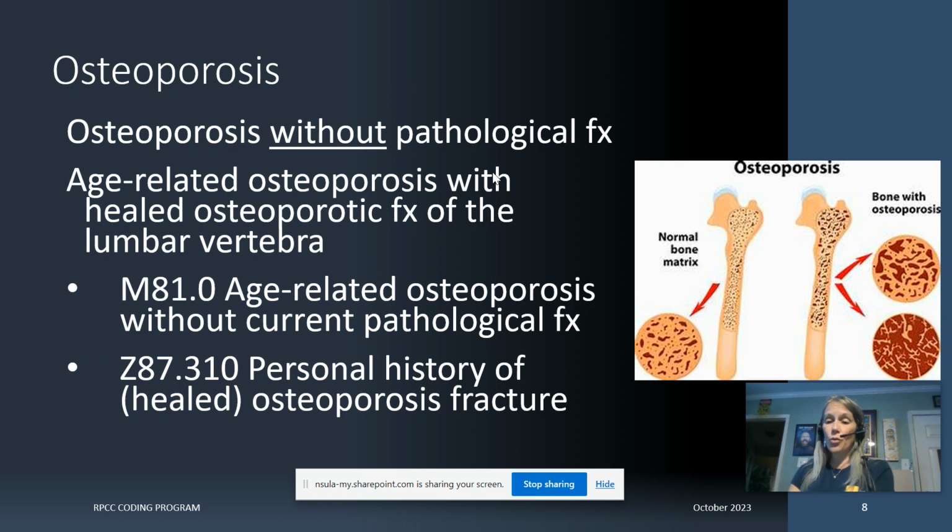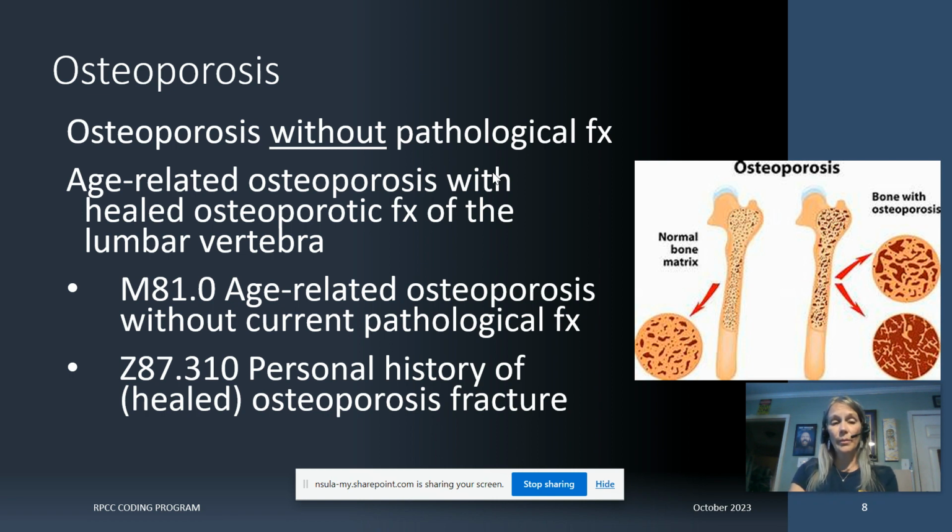Osteoporosis is coded one of two ways: with a pathological fracture or without a pathological fracture. That with pathological fracture has to be a current pathological fracture. So in this example, the age related osteoporosis has a healed osteoporotic fracture of the lumbar vertebrae.